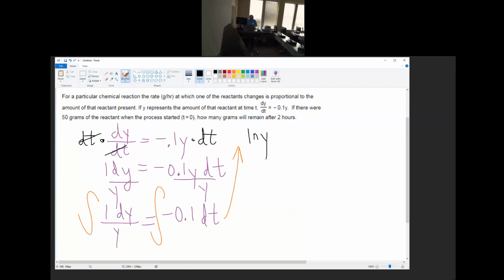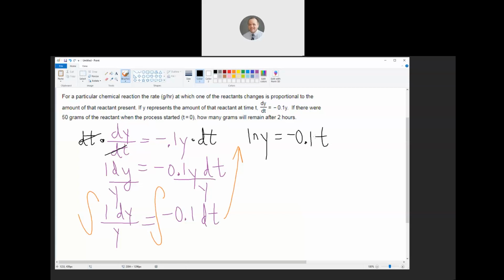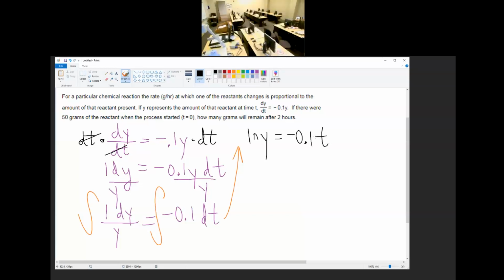And on the other side, the integral of negative 0.1 dt, that's like taking the integral of negative 0.1 dx. It's just going to be your letter with the constant. Oh, and I forgot the plus c, excuse me.